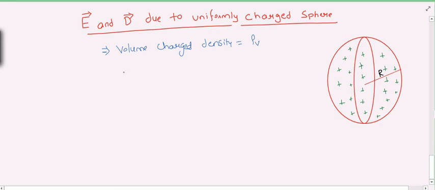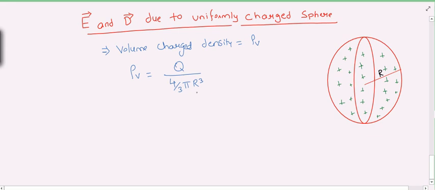So what will be the value for rho v if this sphere has charge q? It is q divided by its volume. The volume will be 4 by 3 pi R cube, where I'm considering capital R as the radius of the sphere.